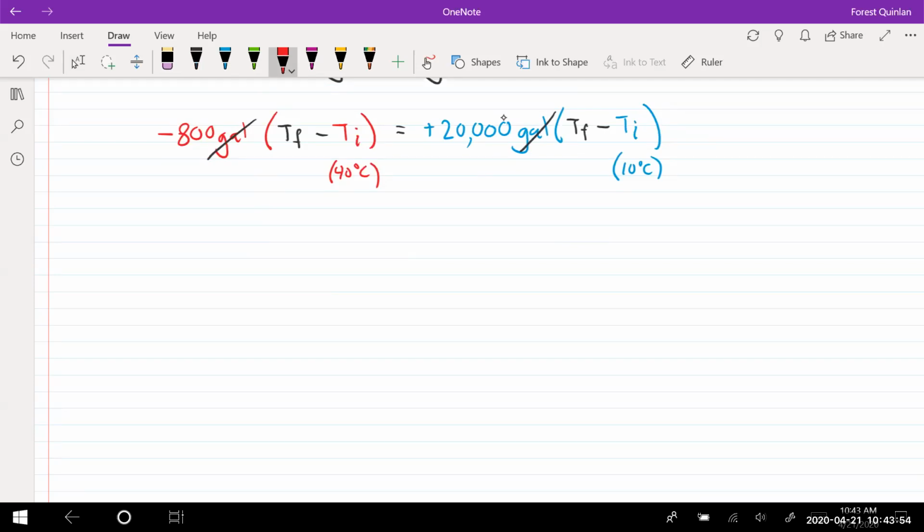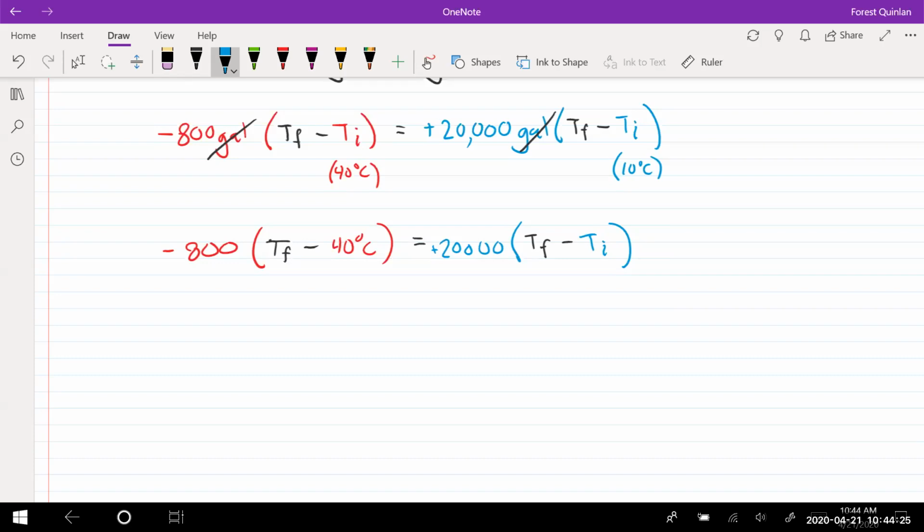If we expand this out, we have our negative 800 times the final minus the 40 degrees Celsius. That's going to equal the 20,000 times, again, our final temperature minus our initial temperature.